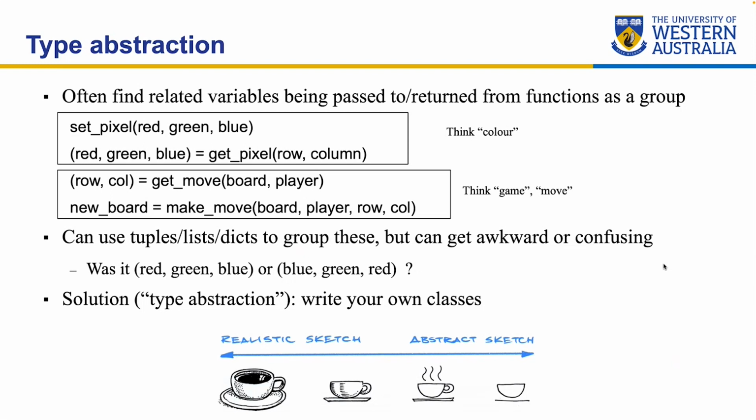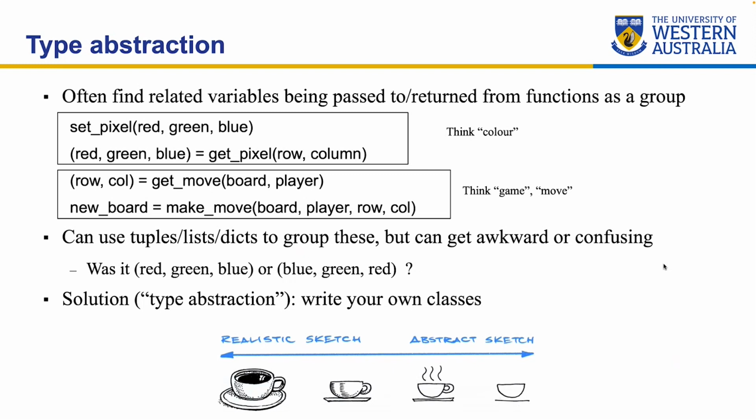If you also think about games, like a chess, for instance, you need to have the row and column information using the board and the player. We can create a new board and make a move and so forth, right?